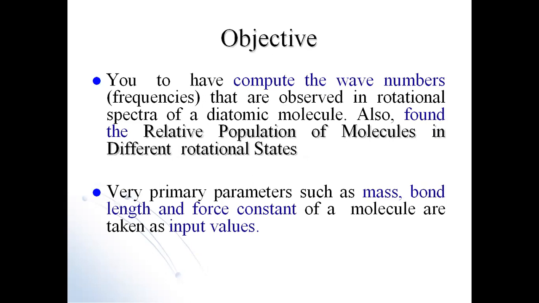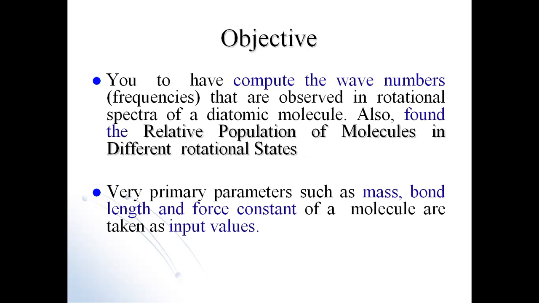For J equal to 1, we consider it the rotational energy level E1. So you have to find out the number of molecules accumulated at the zeroth level, or the number of molecules present in level number 1, that is, the first excited rotational energy level, and that we will calculate.